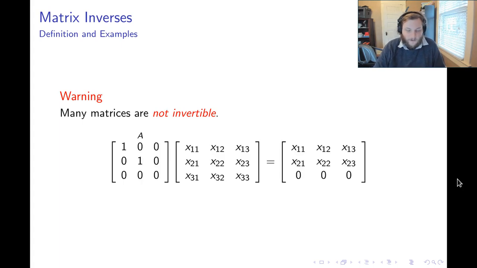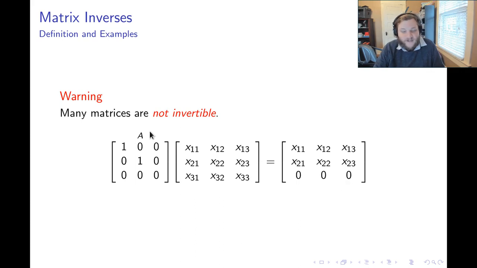Here's an example. Here we have the matrix A, which is the identity matrix, but I've zeroed out the last one on the diagonal. If you take this matrix and you multiply by any other 3 by 3 matrix, you're guaranteed to produce a matrix whose last row is all equal to zeros.